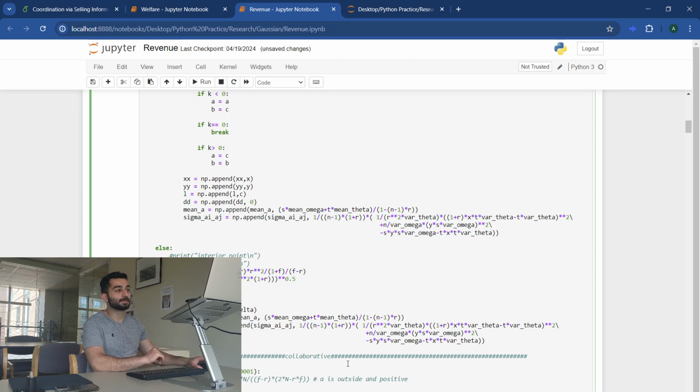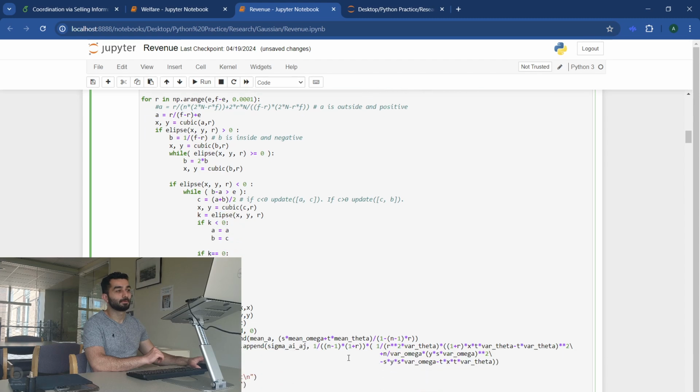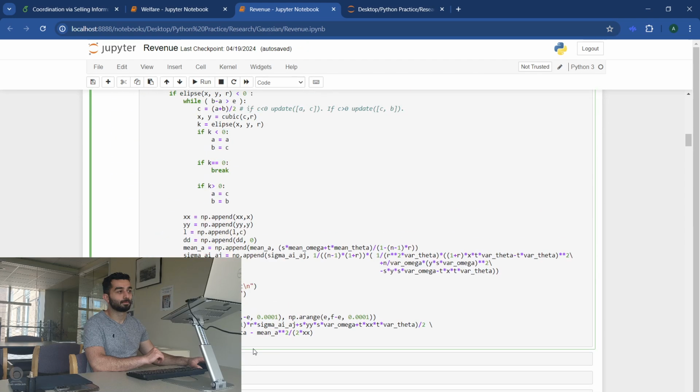This formula doesn't change, this formula doesn't change. Okay.